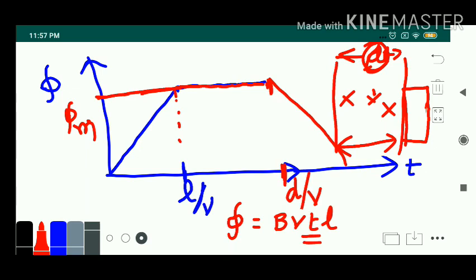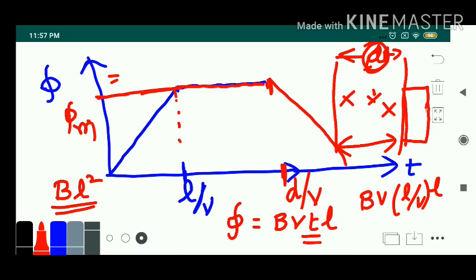So replace this t with L by v, so it becomes BV into L by v into L. V and v cancel out, so there will be BL squared. That is the maximum value of flux.